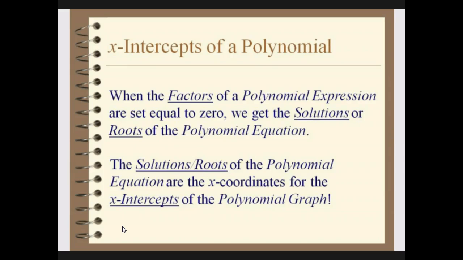When the factors of a polynomial expression are set equal to 0, we get the solutions, or the roots, of the polynomial expression. The solutions or roots of the polynomial expression are the x-coordinates for the polynomial graph.